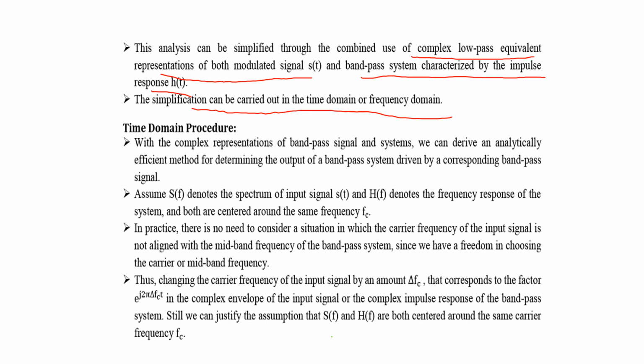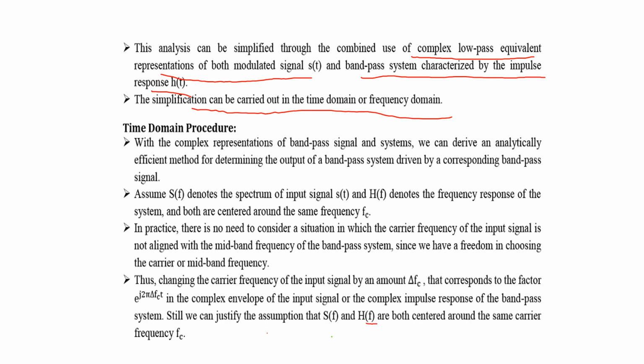Thus, changing the carrier frequency of the input signal by an amount of delta Fc corresponds to the factor e to the power of j2 pi delta Fc t in the complex envelope of the input signal or the complex impulse response of the low pass system. Still we can justify the assumption that S(f) and H(f) are both centered around the same carrier frequency.